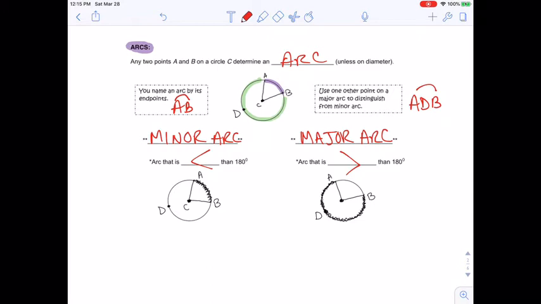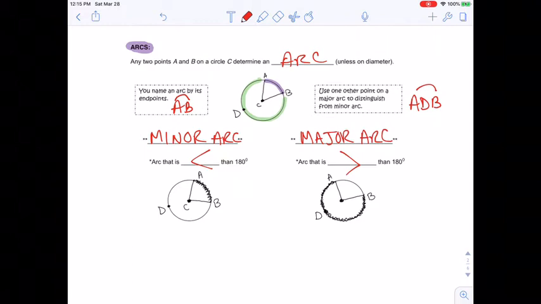Now, notice, I'm talking about angles when I'm talking about these. I'm not talking about circumference right now. I'm not talking about distances. I'm just using an angle to illustrate the piece of the pie, if you will, the crust around the pizza.